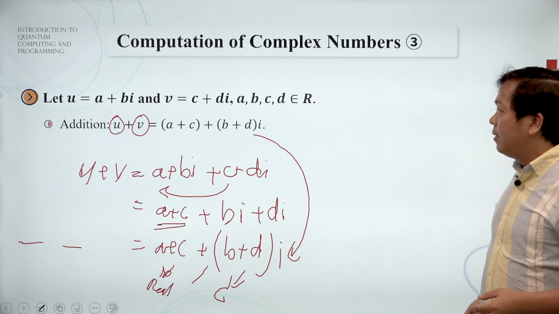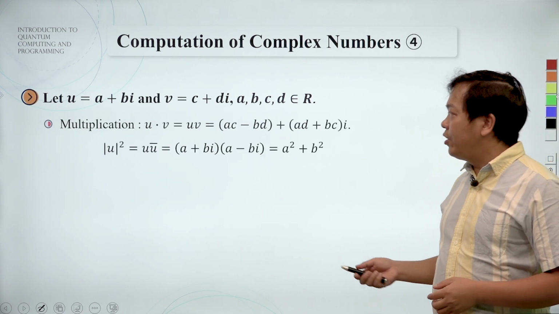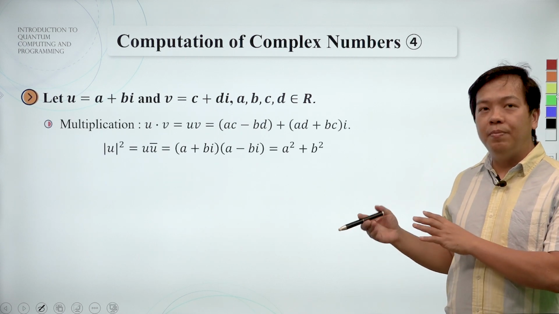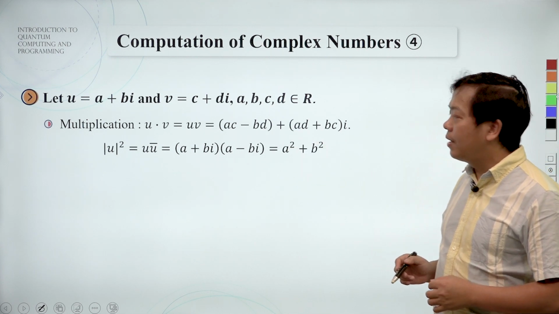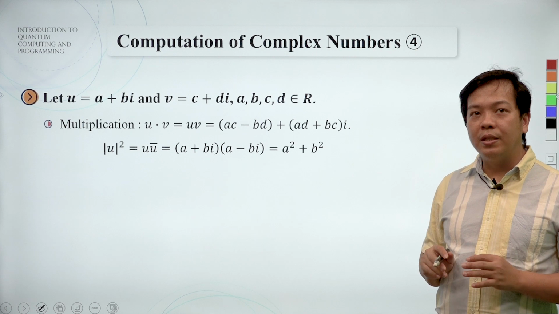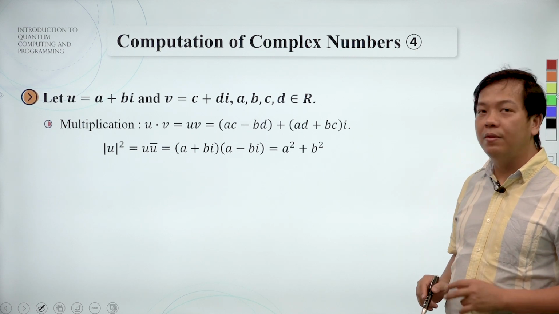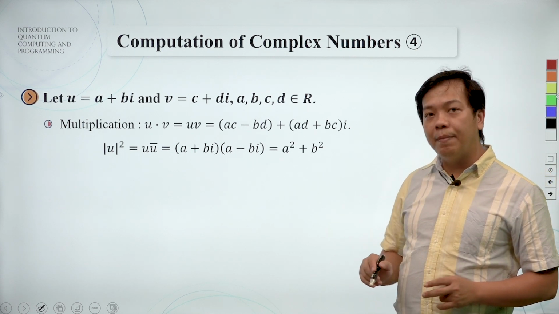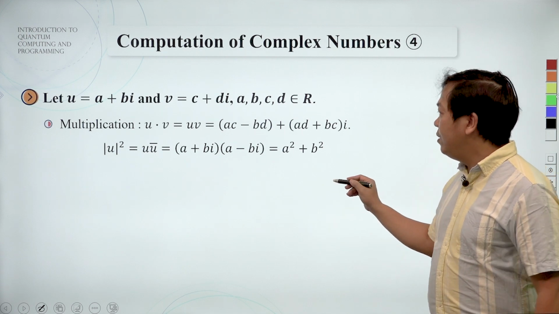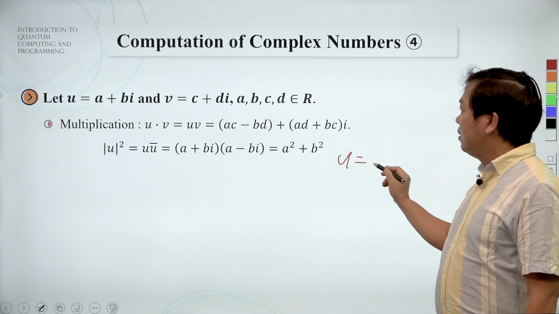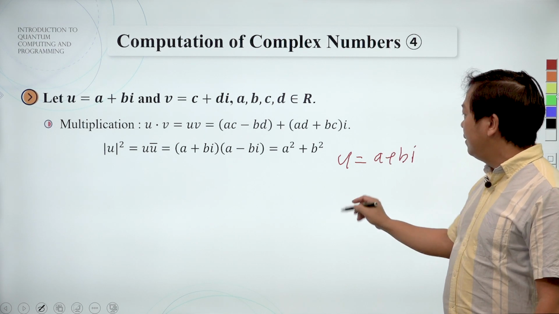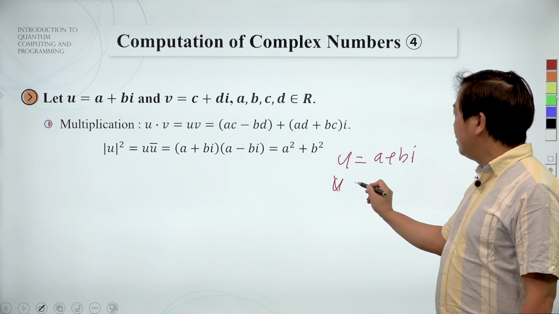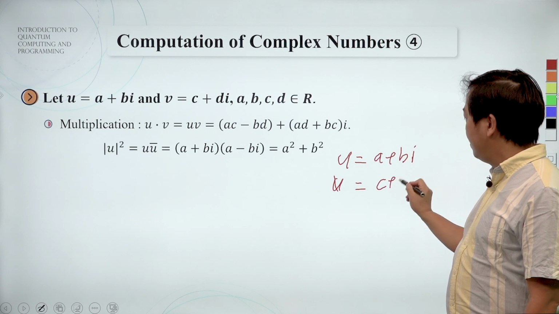Okay, now the multiplication: u multiplied by v. This one is a little bit more complicated. We will look at it in more detail, step by step. First, u equals a plus b i, and v equals c plus d i.